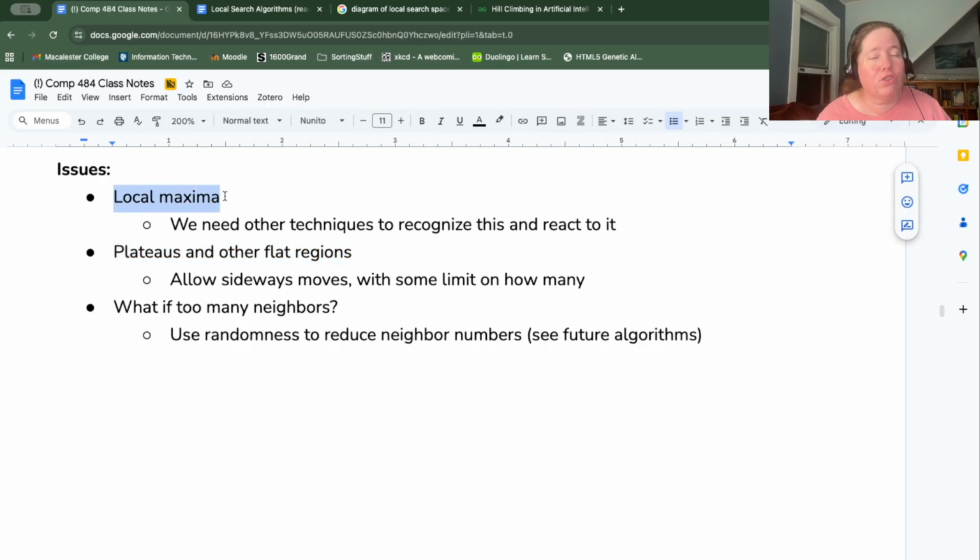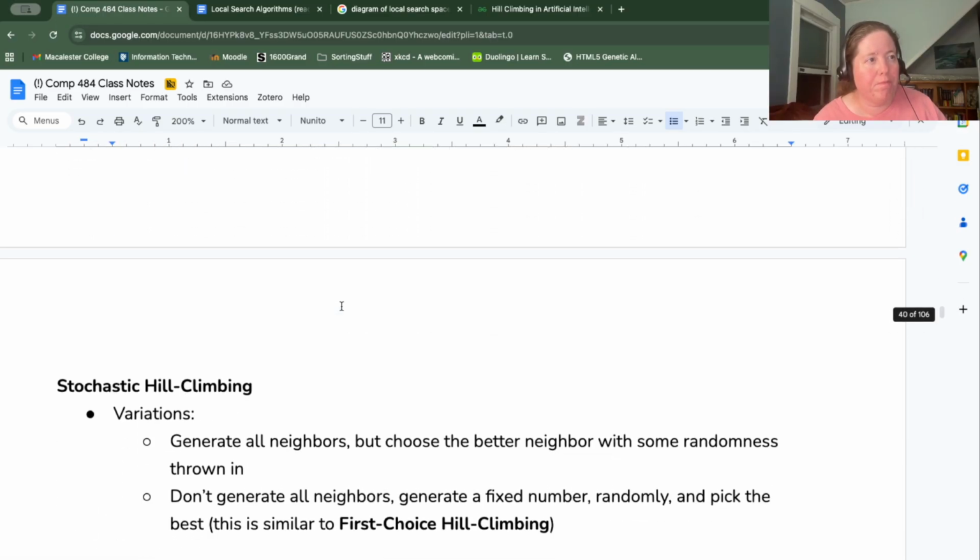They can allow us to avoid local maxima, or at least have a chance of not always going up the same local hill. And they can handle too many neighbors fairly well. There's still no guarantee we're going to get the best solution. That's just the nature of these algorithms. They could be misled. They could go up a hill that leads to a local maxima instead of to the global maxima we would like.